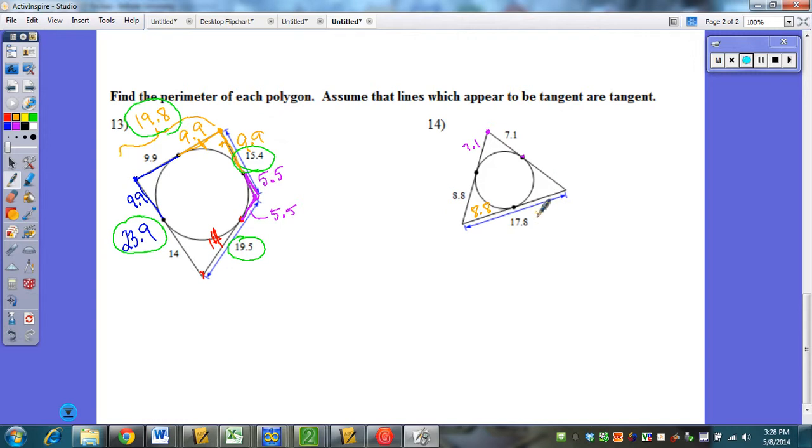And then that tells me that the balance for the segment is going to be 9 on this side from that exterior point to that point of tangency, and therefore it would be 9 here as well. So this whole side right here is 16.1. We have 15.9, and we have 17.8. So if I was to add all three of these together, I get the perimeter.